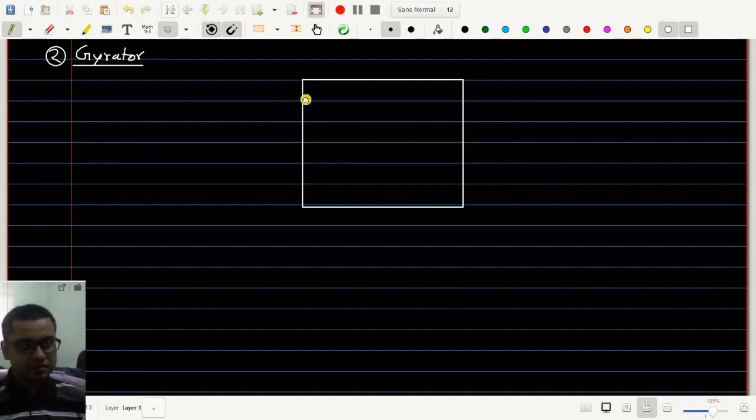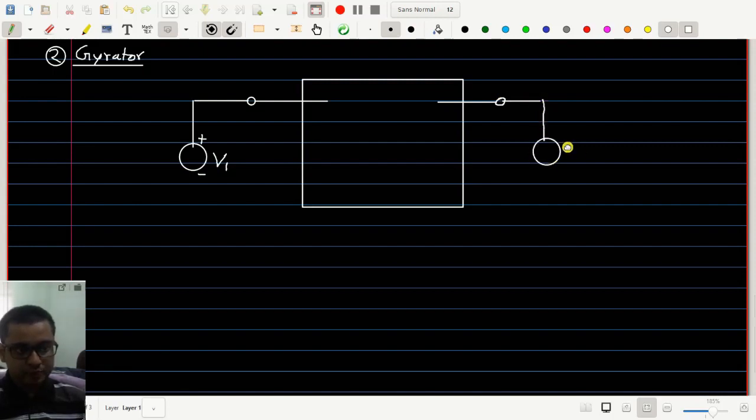What is a gyrator? It is a black box or a two-port network which has two sets of terminals or two ports like this, where you can apply two voltages like this, V1 and V2, with respect to a common ground.